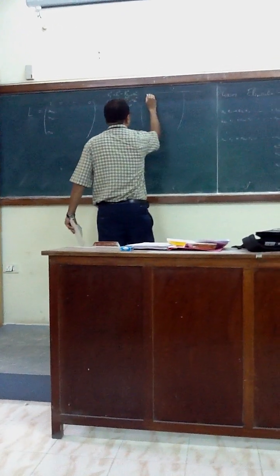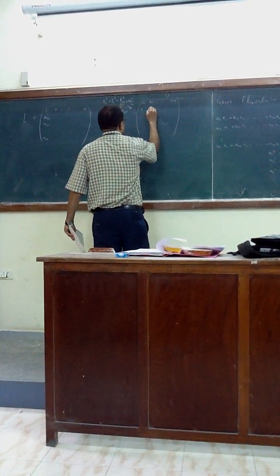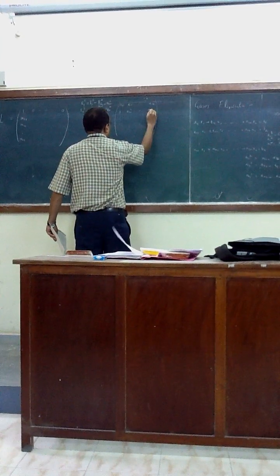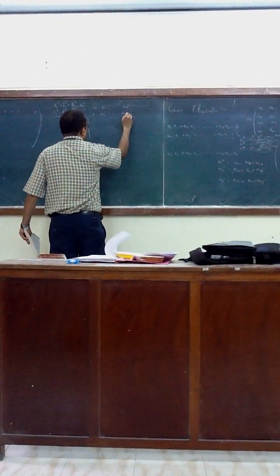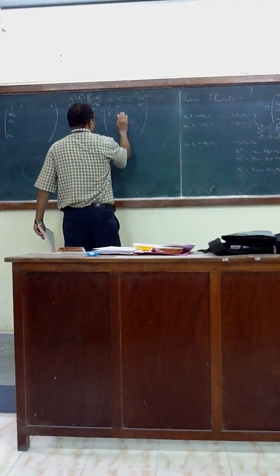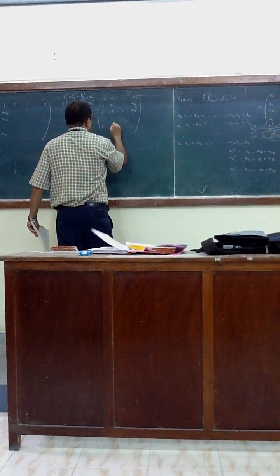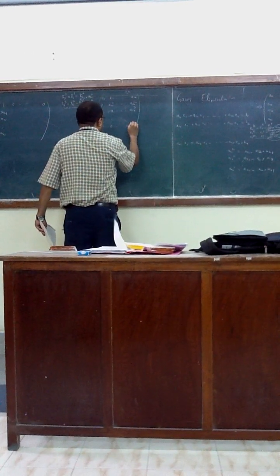So what you will get? A11, A12, A1n, you won't touch it. 0, A222, A2n2, then 0, 0, A3n3, 0, 0, ANN3. Am I correct? Yes?